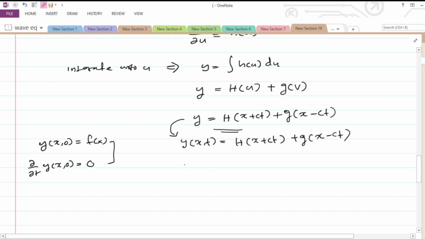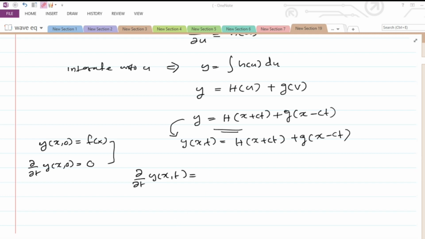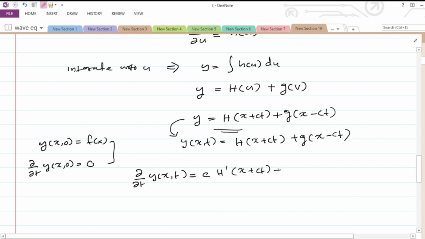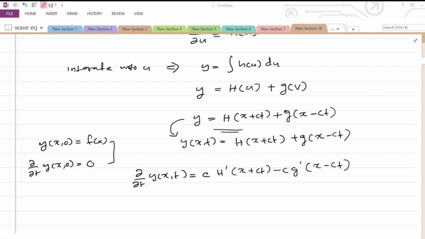Differentiating partially with respect to t, we get ∂/∂t of y of x,t equal to c into H dash of x plus ct, plus, actually we will get minus c there, minus c into g dash of x minus ct.